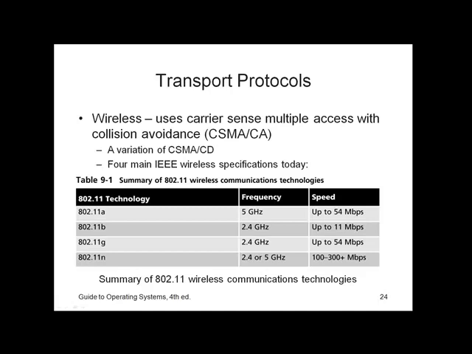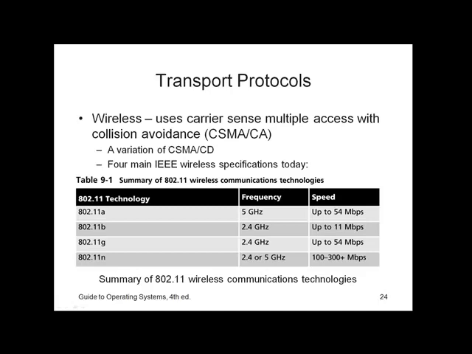And there are four main IEEE wireless specifications in use today. 802.11a, with a frequency of 5 GHz, can send up to 54 megabits per second worth of data. 802.11b uses a frequency of 2.4 GHz and sends up to 11 megabits per second. 802.11g uses 2.4 GHz frequencies and it can send up to 54 megabits per second.